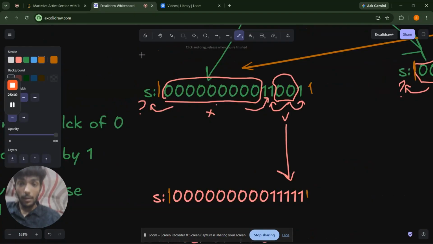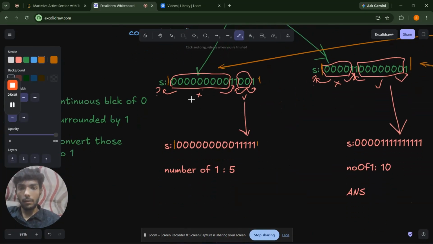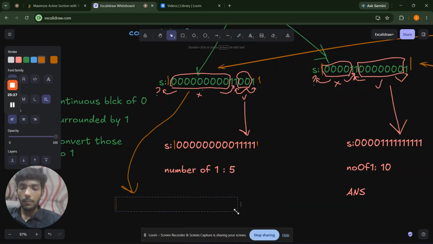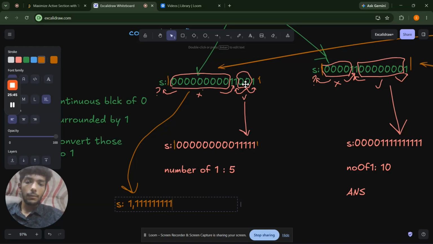Suppose we would have considered that there was a one over here, just think that this huge chunk of zeros would have been converted to 1. So as a result, our s would have become 1 2 3 4 5 6 7 8 9, and this 1 1 and 0 0 1.